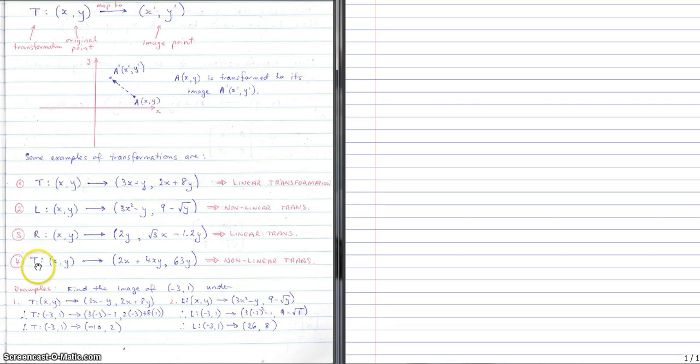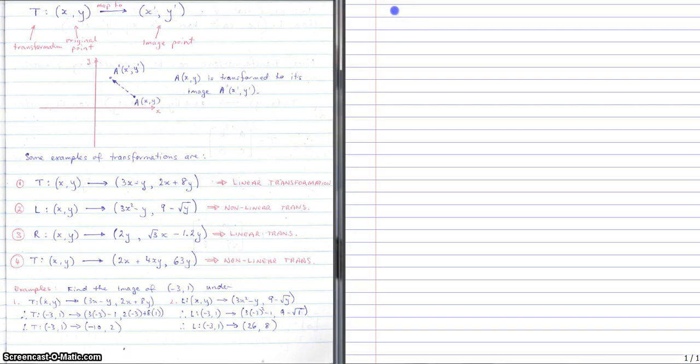And we've got this fourth one, transformation T, x and y are changing into these coordinates according to these rules: 2x plus 4xy, and then 63y for the new y point. This part here makes it a non-linear transformation because of the x times y.